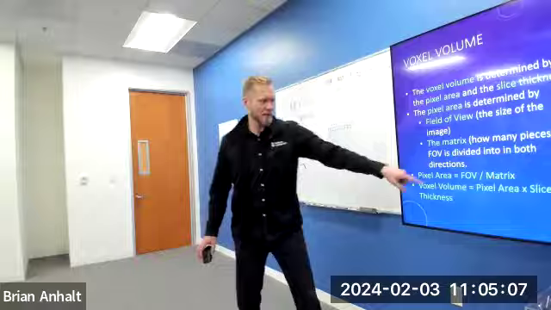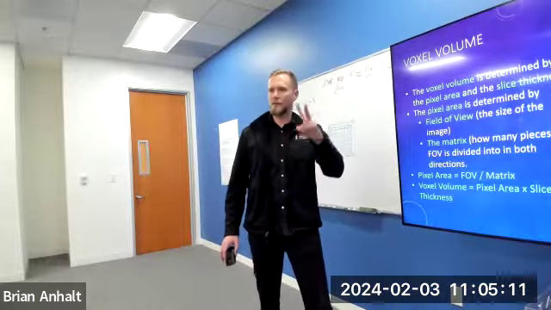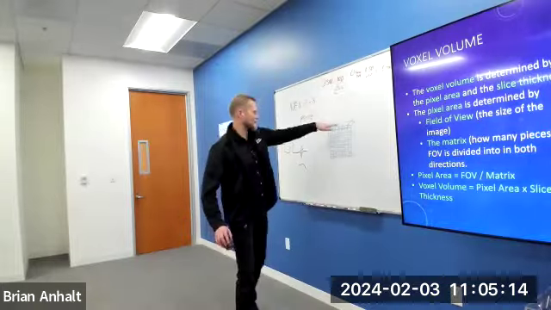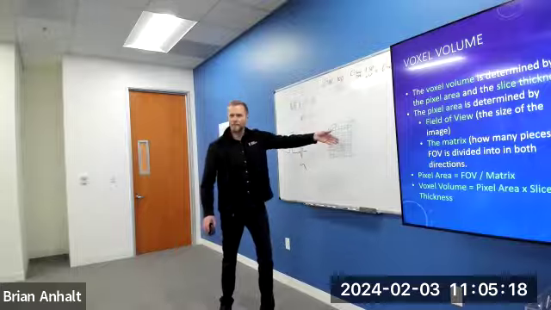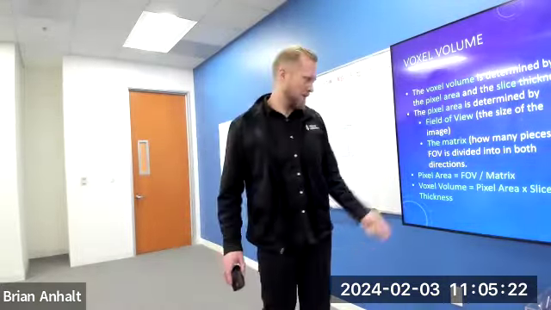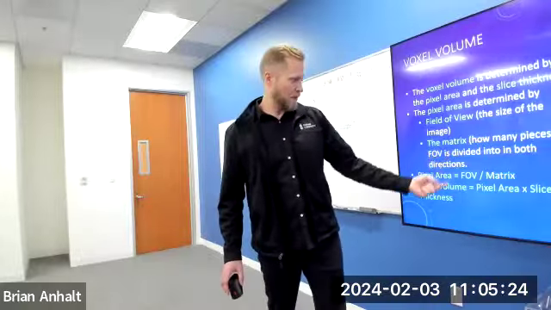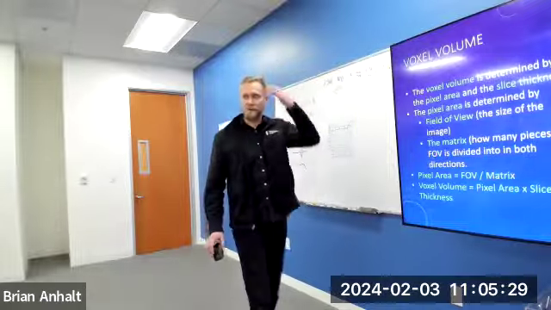How do we find pixel area? Field of view divided by our matrix. We have two matrices. We're cutting this in two different directions, this way and this way. That is our matrix, our frequency and our phase matrix. You multiply those together, that gives you your pixel area, and then you multiply it by your slice thickness to get your voxel volume.